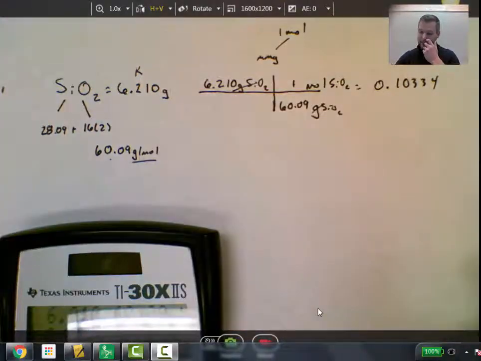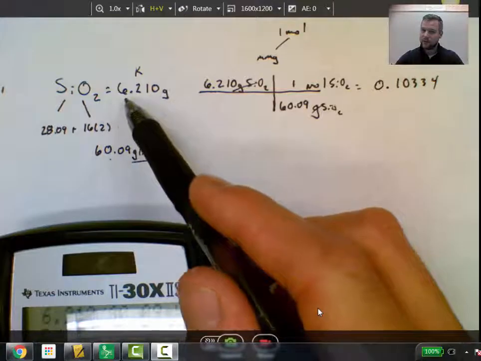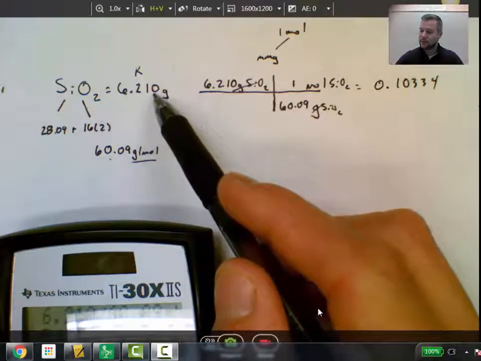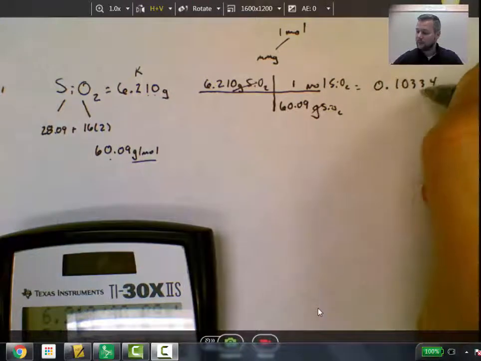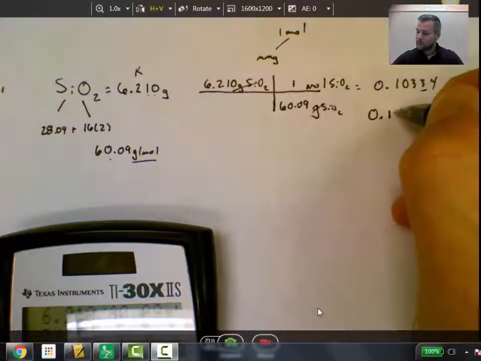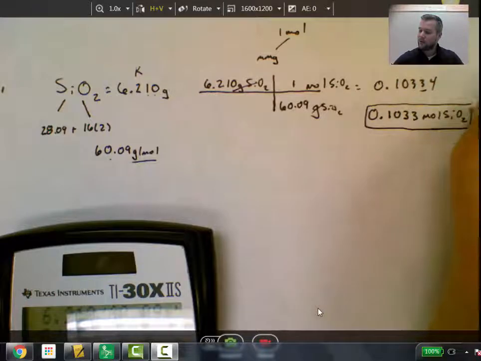So in your data table, you have 4 sig figs coming from the 6.210. The 0 counts because it's on the right-hand side of a non-zero, and I see a visibly drawn decimal point. That's moles of SiO2. So this is the first column in your data table, how many moles you have.